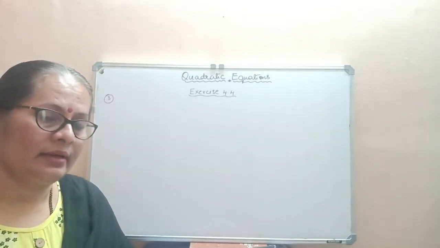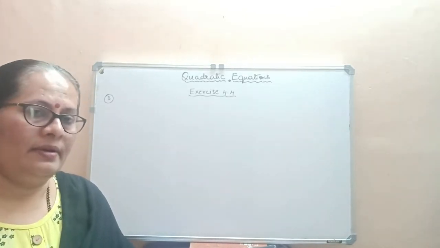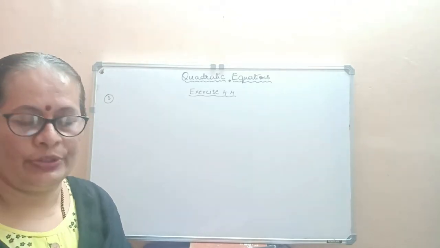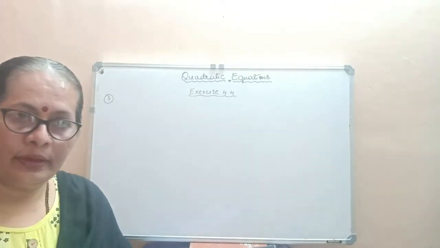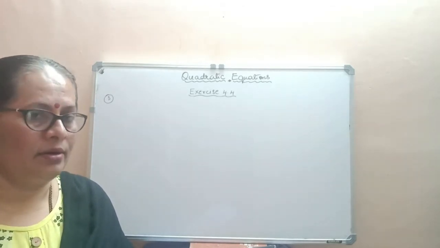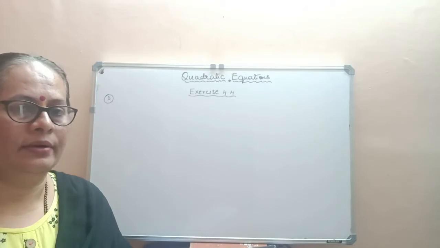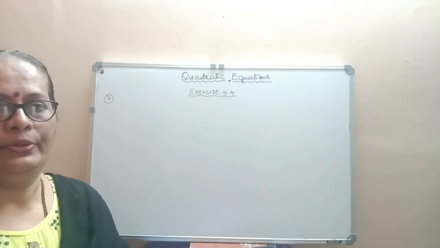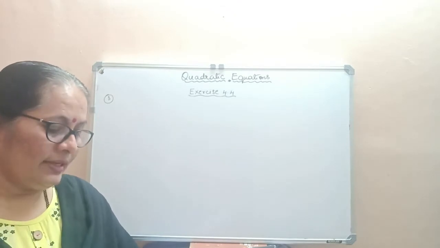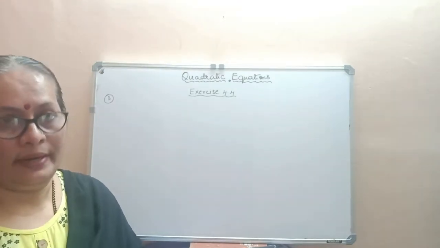By finding the discriminant. If the discriminant is greater than 0, we can say yes, it is possible to find a rectangular grove. If the discriminant is less than 0, then it is not possible. Now use this condition: the length is twice the breadth.